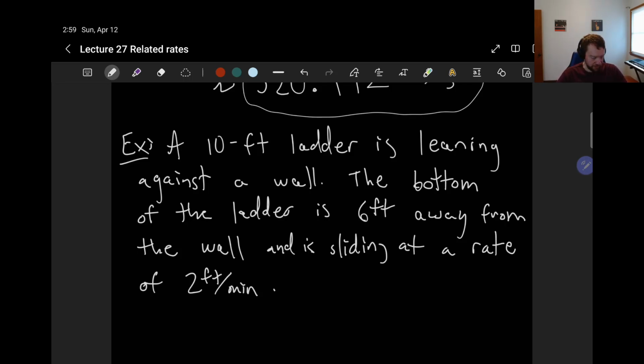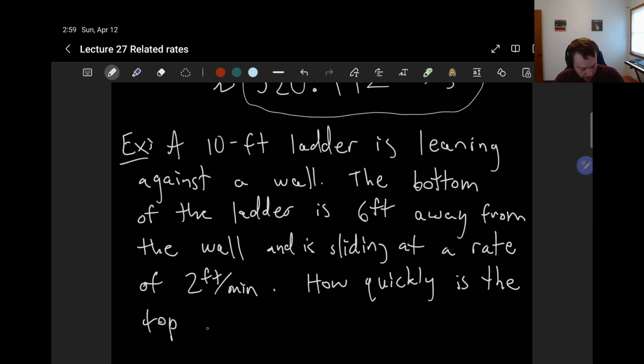Then the question will be, how quickly is the top of the ladder sliding down the wall? So we know how quickly the bottom is sliding away with respect to the ground, but the question is how quickly is the top of the ladder sliding down?